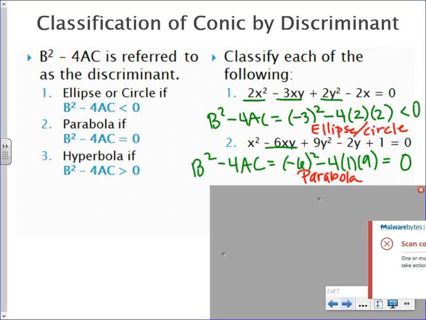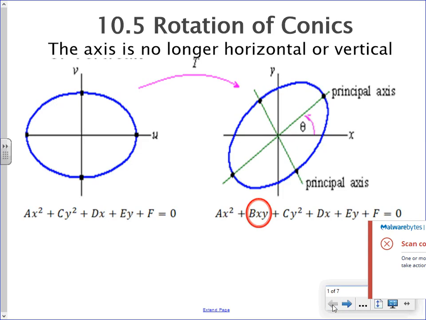I promise you that what we write down on this next slide will make more sense as we go through a problem. It might kind of look like gibberish right now. But essentially, we're going to create a new set of axes that's tilted. So you're going to see some x primes and some y primes.